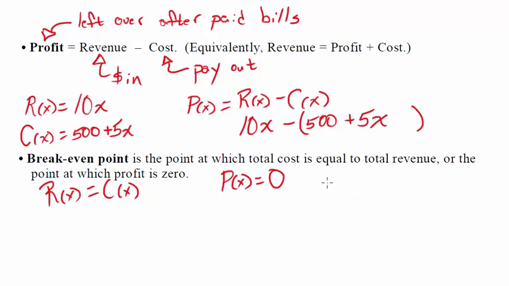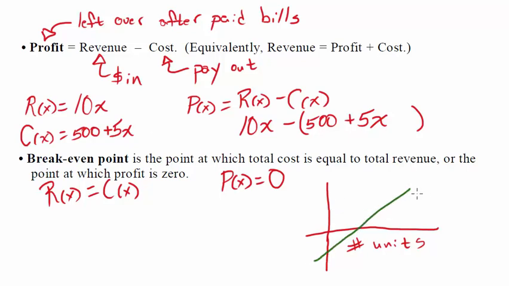So let's say here we have number of units, and this is P of x, my profit function. I start off down here, I'm negative, and at some point I get out of the red, and then from there on out I'm making money.